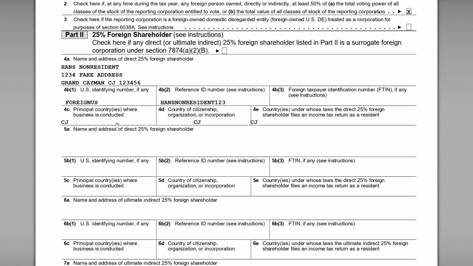Okay. Now, principal countries where business is conducted. So from Hans's perspective, it's Cayman Islands. He's a citizen of Cayman, and he is a resident for income tax purposes there. Although Cayman doesn't actually impose any income tax on its residents, nevertheless, he still is technically a tax resident there, even though the rate is 0.